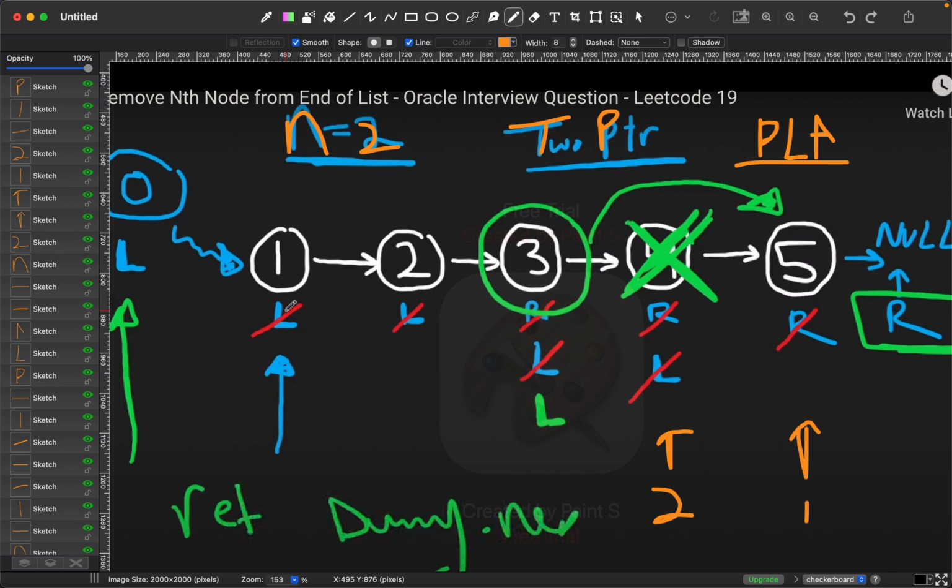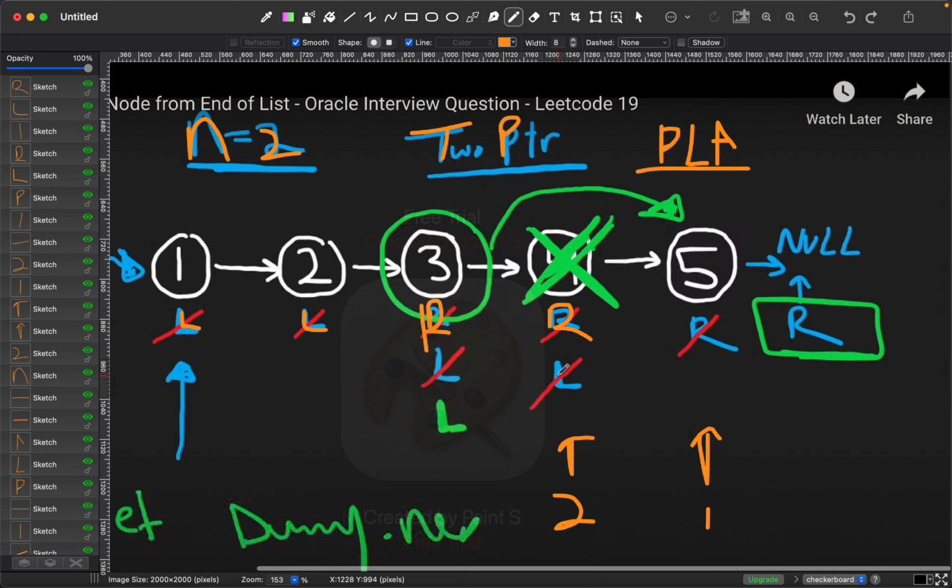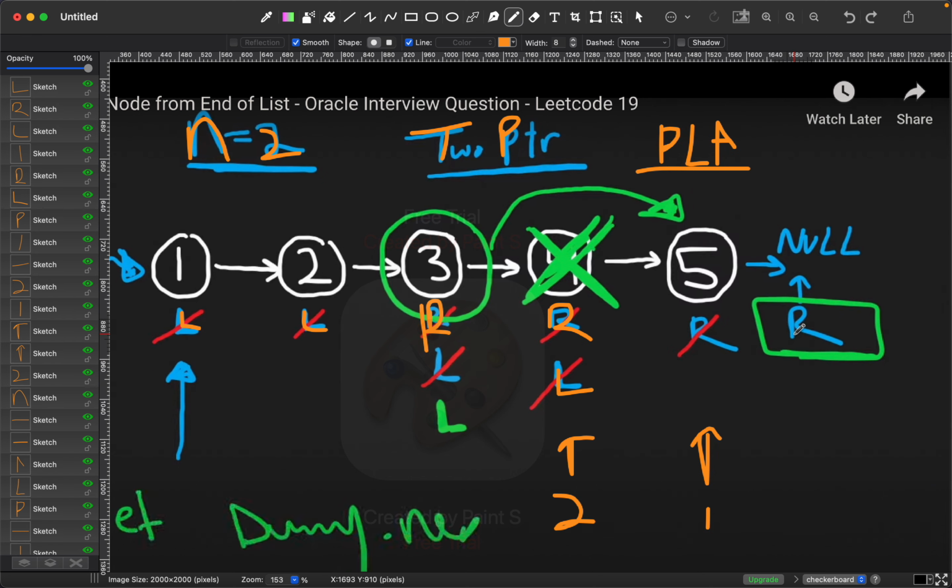So you have an L and then you have an R, and notice their gap is 2 gaps away, right? And then they start marching forward. So L comes to here, R comes to here, L comes to here, R comes to here.